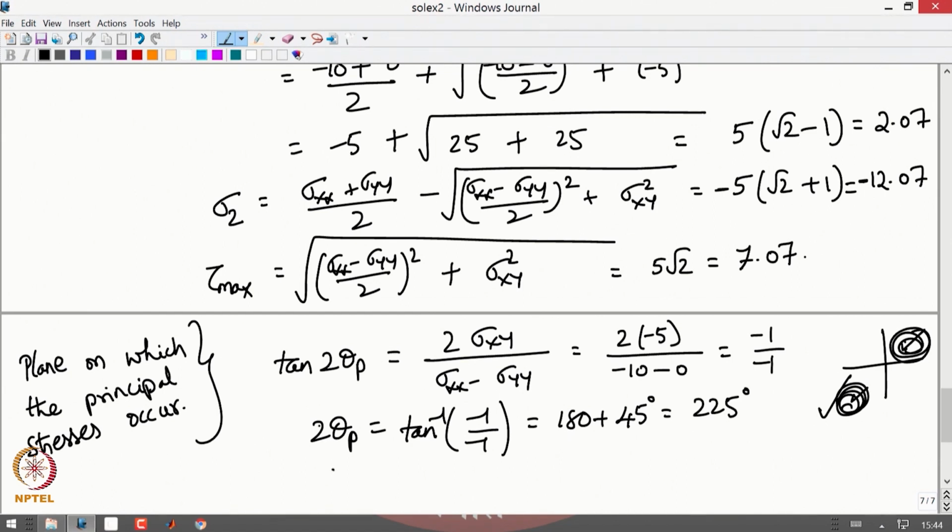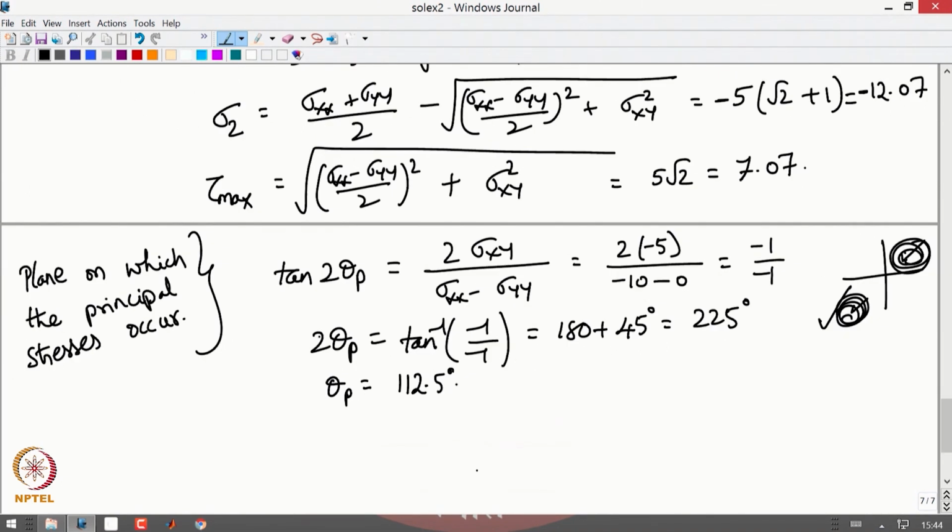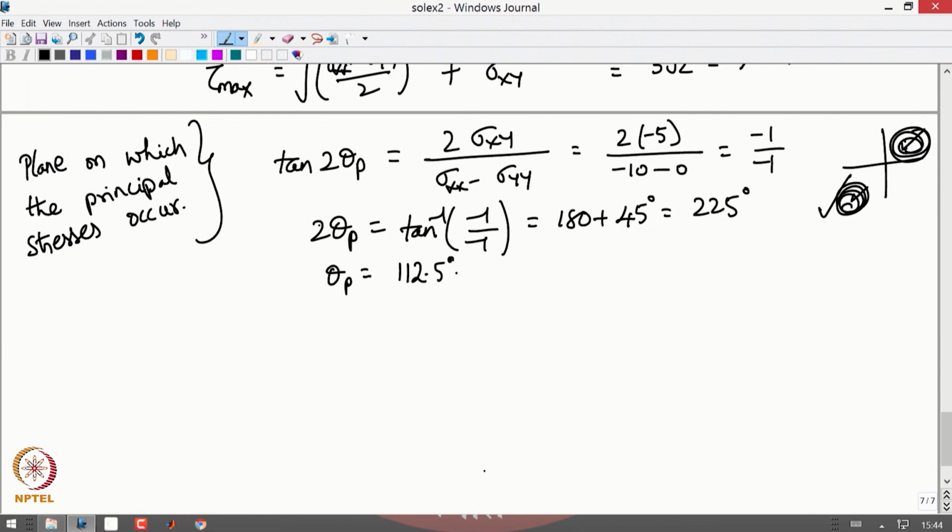So, theta p would be 112.5 degrees. Now, if I were to represent this stress state in a Mohr circle, here I plot tau n versus sigma n.